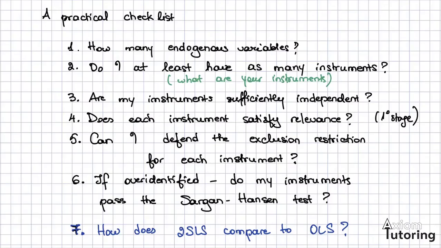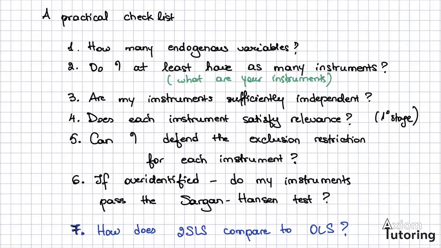In terms of rank condition, they have a single endogenous variable, which, as we said in the previous videos, reduces to the relevance condition, and they already showed a very strong first stage. The Sargan-Hansen test, since they had a just identified model, did not apply. And in terms of OLS and IV, the paper actually showed that they had very similar results, which suggested that, to begin with, maybe there was very little bias in the OLS. Okay.